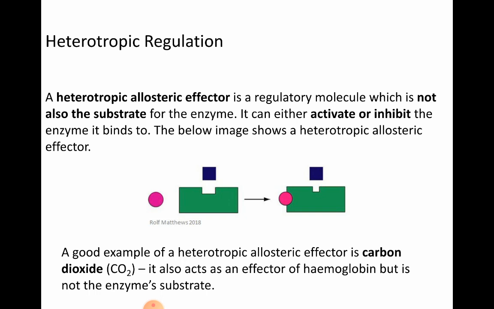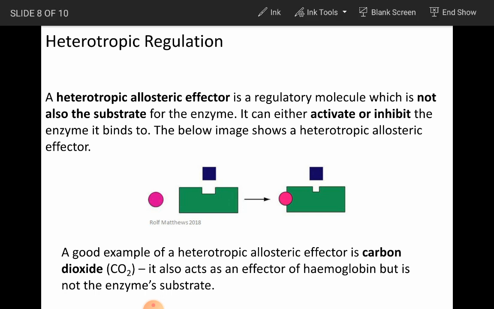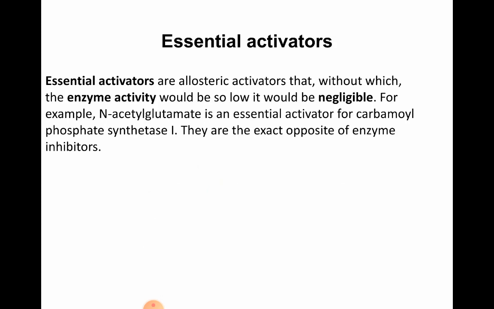For example, carbon dioxide also acts as an effector of hemoglobin, but it is not the enzyme's substrate. So the substrate is different and the effector molecule is different. Hence we call this type of regulation heterotropic regulation.